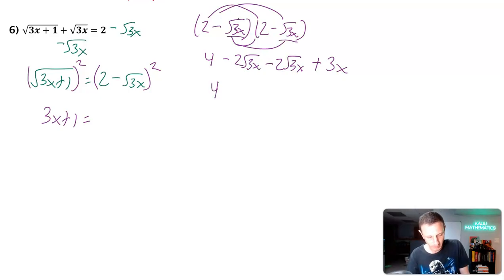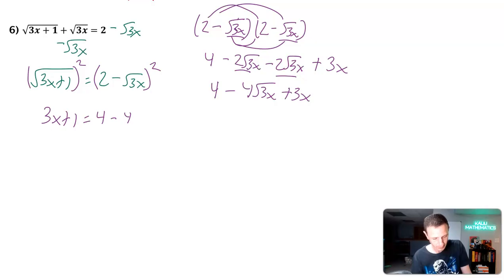So then I get 4 minus 4 square root of 3x. Combine like terms: negative 2 minus 2 is negative 4, plus 3x. All right, so let's write that down: 4 minus 4 square root of 3x plus 3x.